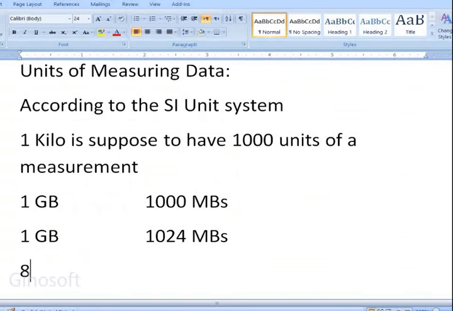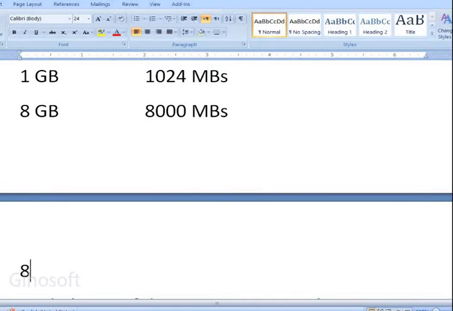Thus, according to them, 8 GB means 8000 MBs, whereas according to the hard drive storage, 8 GB is supposed to be 8 multiplied by 1024, that is 8192 MBs.